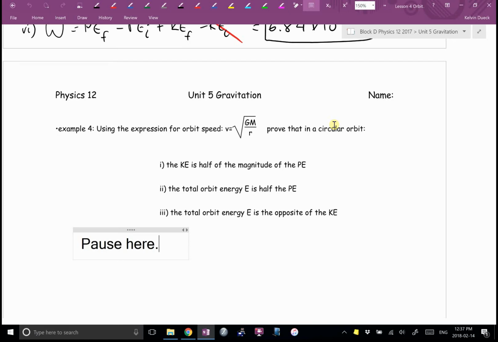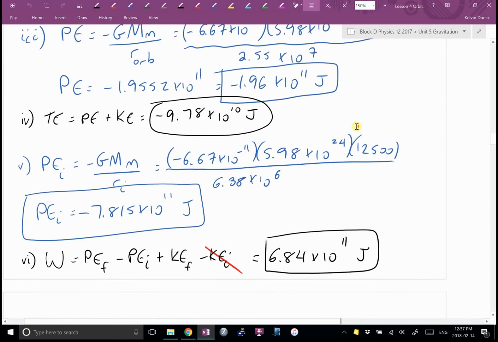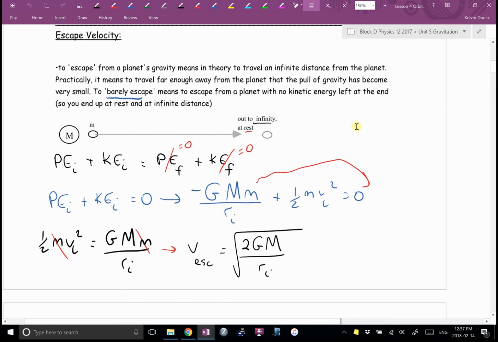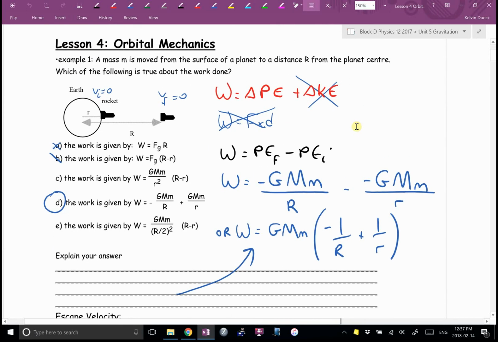But then we also said, since little g is changing, when we're talking about energy, we can't use mgh. And so we defined universal cosmic energy as negative big G, big M, little m over R, and we've just been playing with that for a few days. Why negative? Out at the edge of the universe, there's no gravity on you, so you won't fall, which means you have no potential energy.